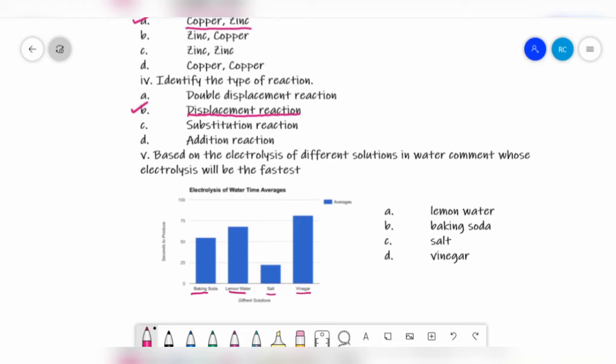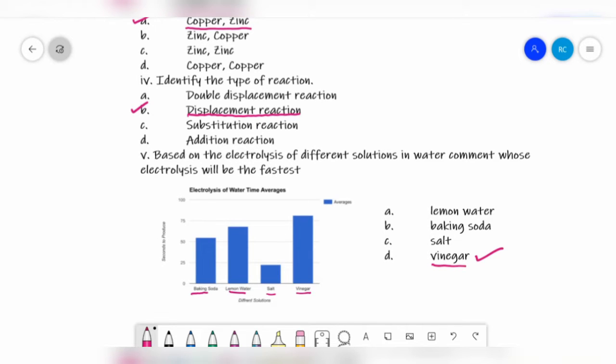These are the different solutions, and also the average time for the product, which means how much time they are taking for the electrolysis. Which one will have the highest average? You can easily find that the graph is showing very high for vinegar. So the electrolysis will be fastest for vinegar.